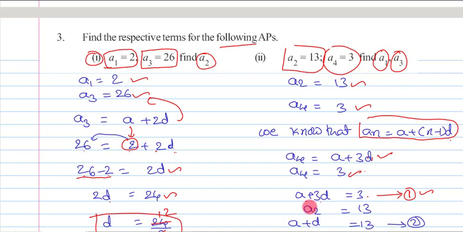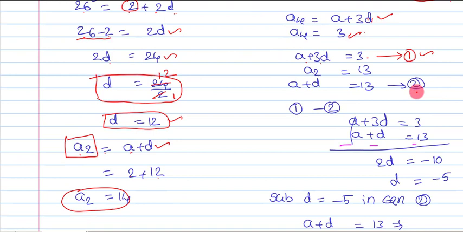I am supposing this as the first equation. In the same manner, we are given A2 as 13. A2 can be written as A plus D, which is equal to 13. This I suppose as the second equation. What I did here is subtract the second equation from the first equation.